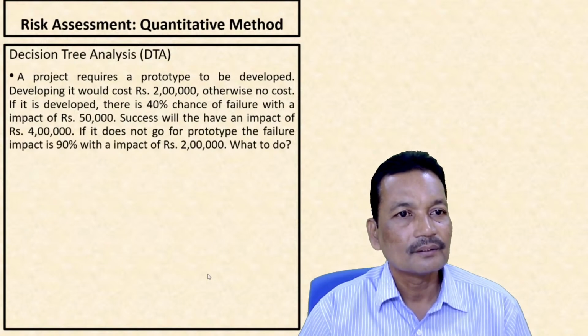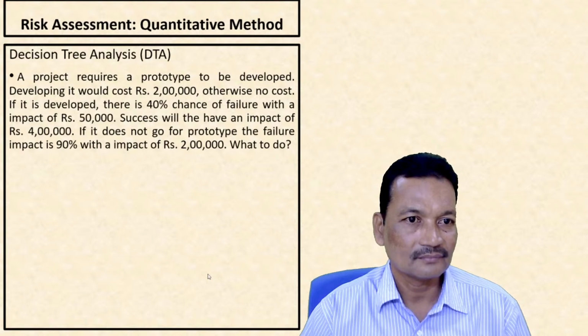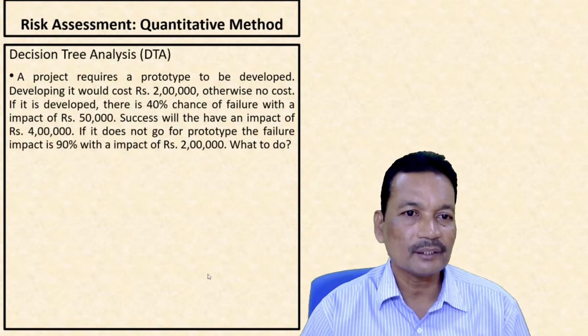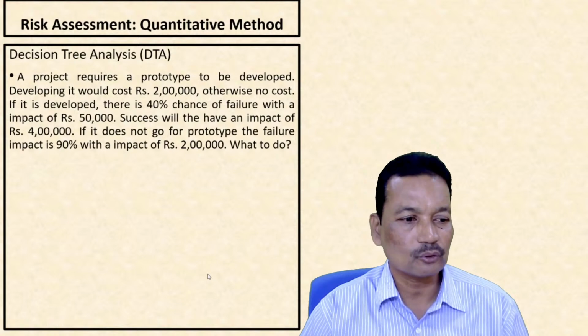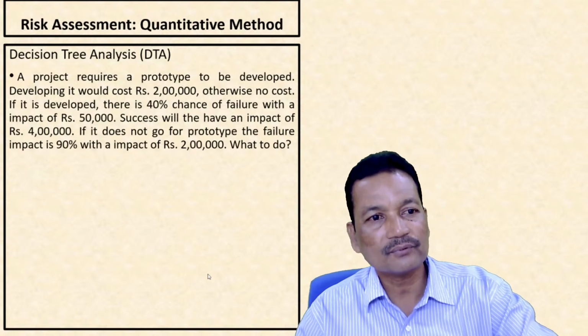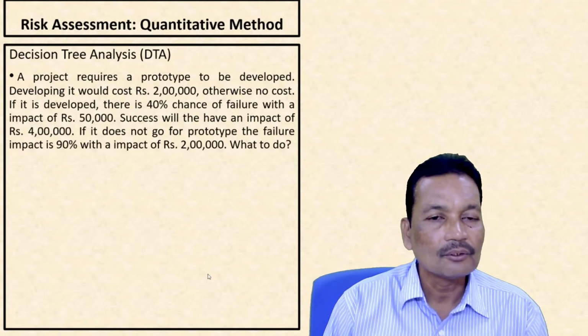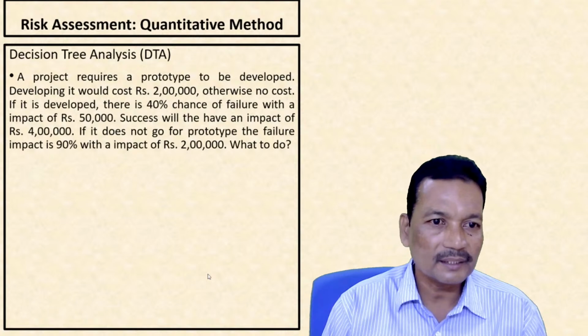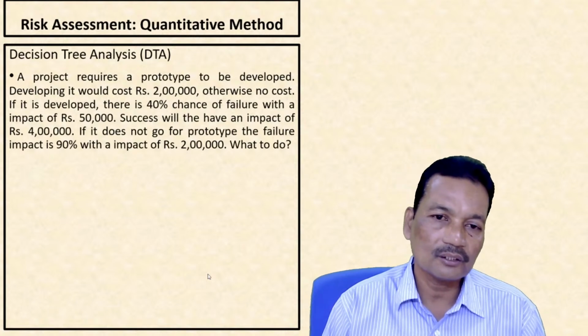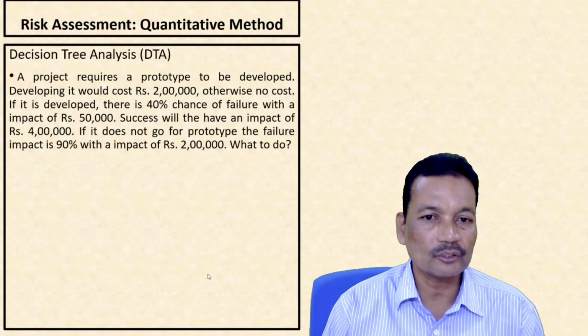Next is decision tree analysis. Now here, how can we do it? A project requires a prototype to be developed, which is costing us 20,000. If it is developed, there is a 40% chance of failure with impact of 50,000. Now, either we can go for the prototype or we will not go for the prototype.